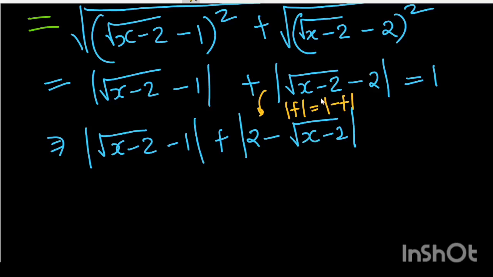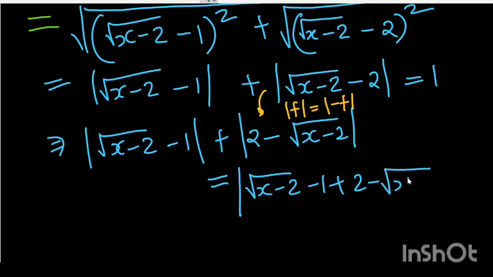So we can write it as 2 minus root x minus 2. So this one I can write as mod of root x minus 2 minus 1 plus 2 minus under root x minus 2. This one I have written like this, guys.